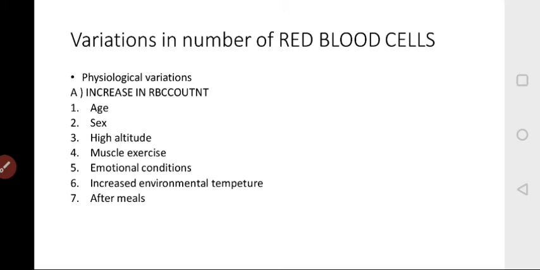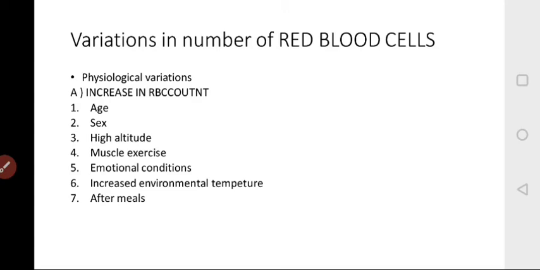Second, sex. Before puberty and after menopause, in females, the RBC count is similar to that of males. During reproductive period of females, the count is less than that of males. It is about 4.5 million per cubic millimeter.